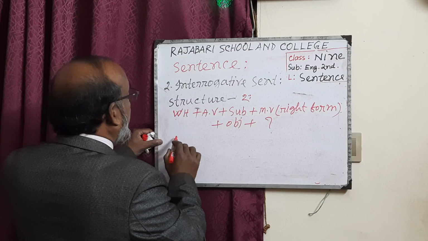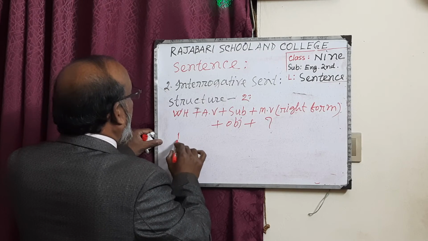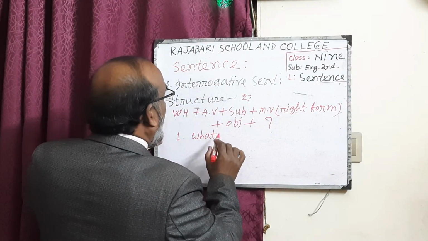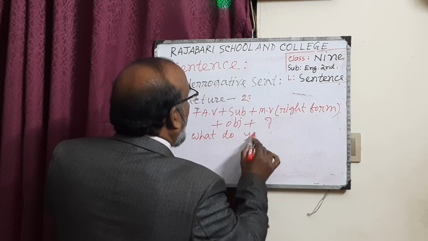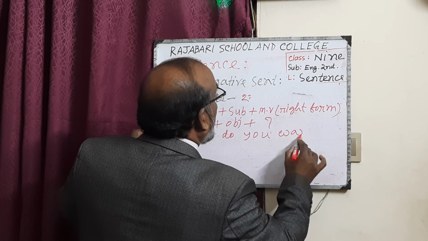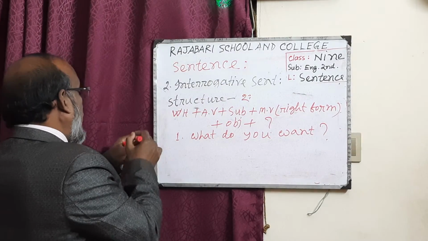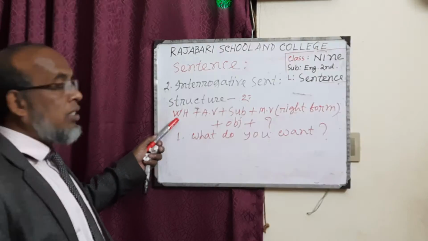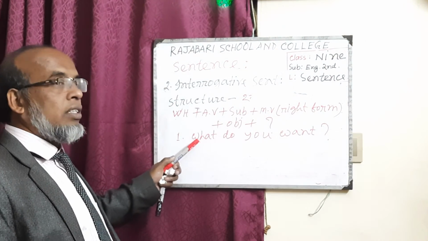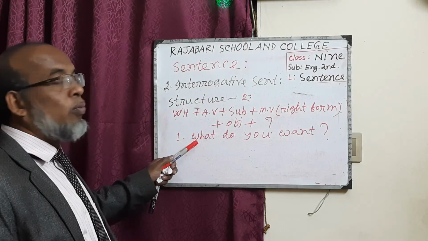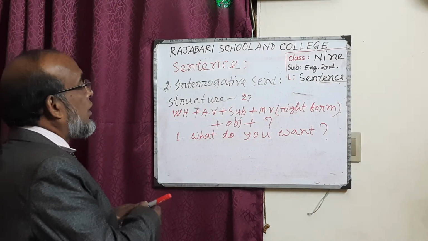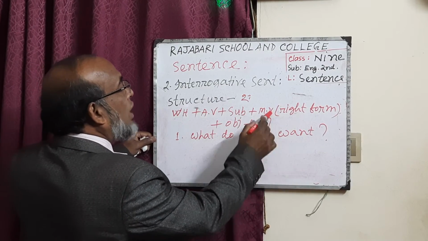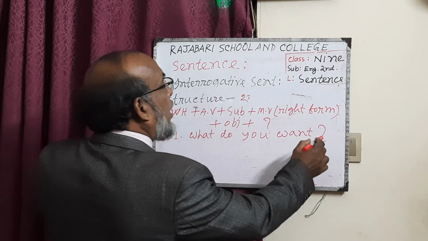For example, number 1, what do you want? Here, what, WH word, means you can use what, when, how, whom, who, etc. And then do, auxiliary verb, and you, subject, want, right form of verb. Here is no object.